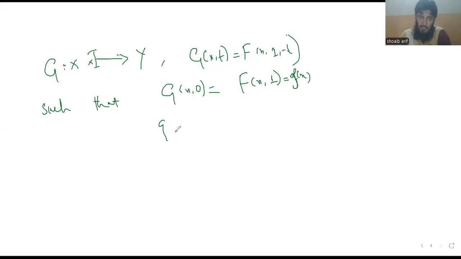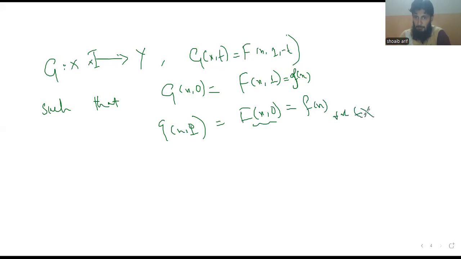At G of x comma 1, according to this construction, we get F of x comma 0, and F of x comma 0 gives f of x for all x belonging to X. So we get G is a homotopy from g to f.